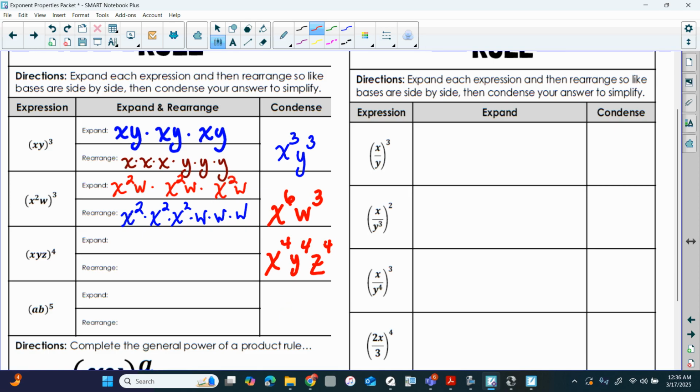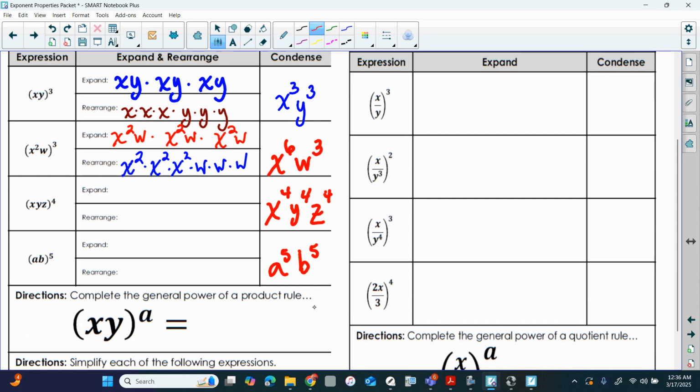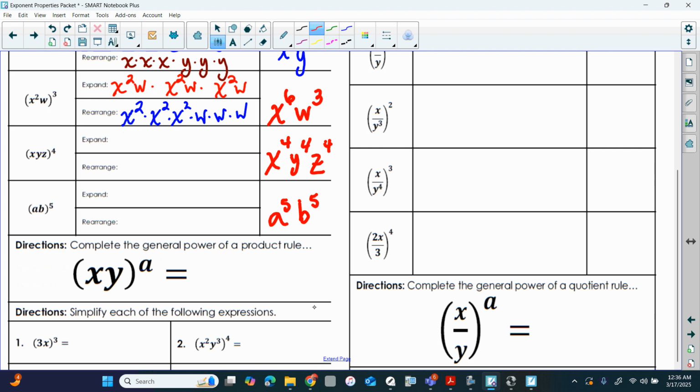So here we should have a to the fifth power and b to the fifth power. So to understand the general rule, we're distributing the exponent to each term. So I have to raise each base to that exponent.